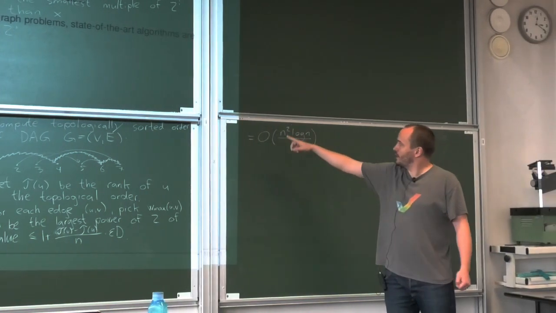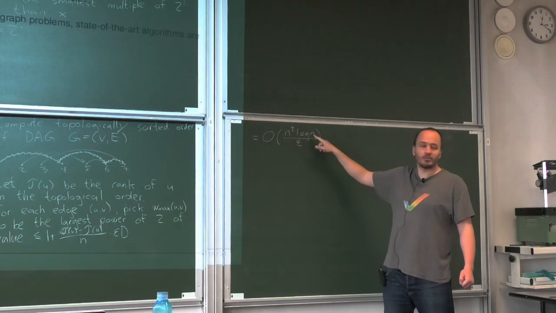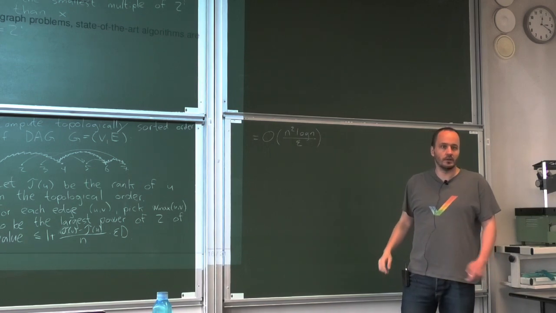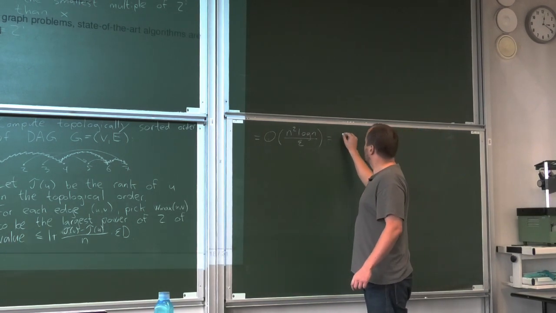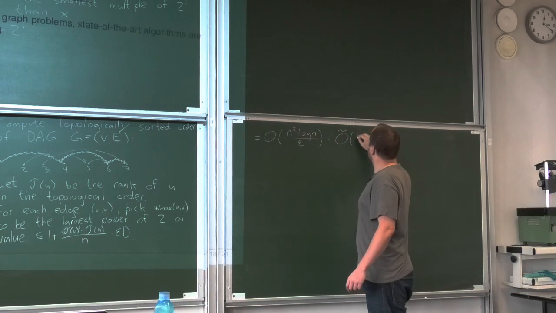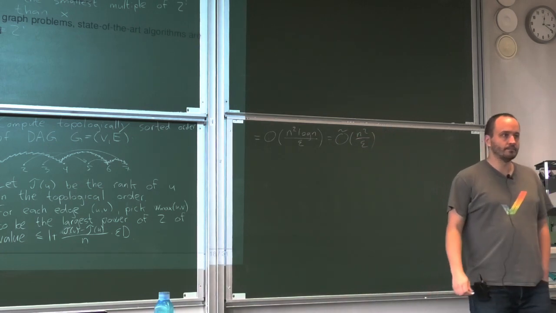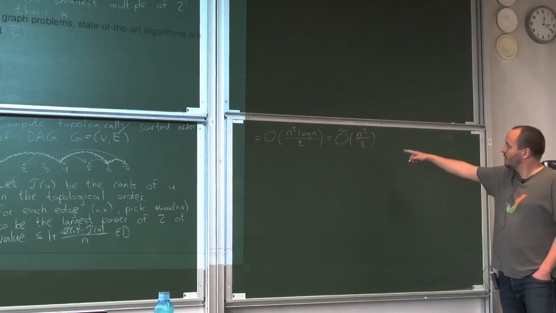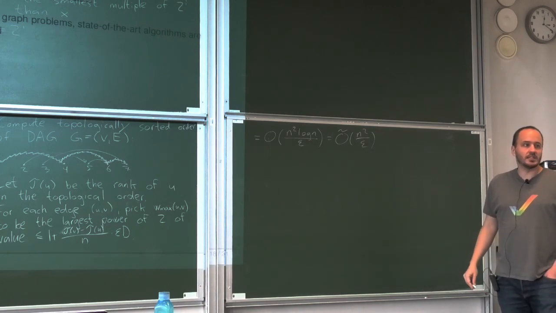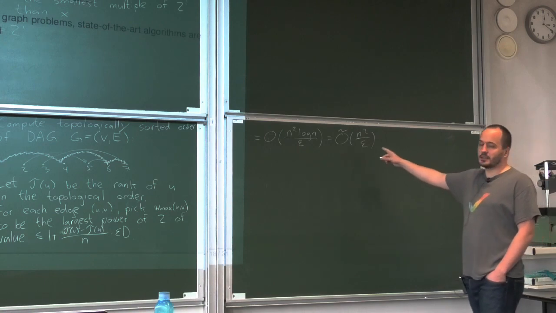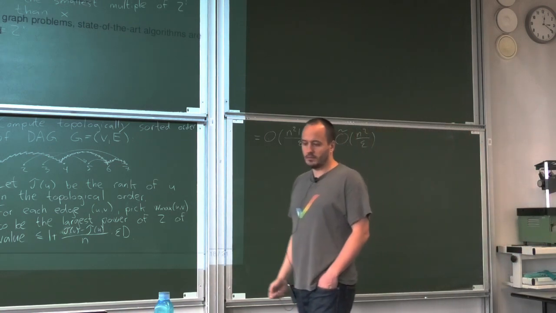So the final bound over all structures will just be this times log n, so we get an extra log factor. So the bound that we get is basically quadratic in n. So this is optimal for dense graphs, basically dense DAGs. So this is only for DAGs. Is that clear?